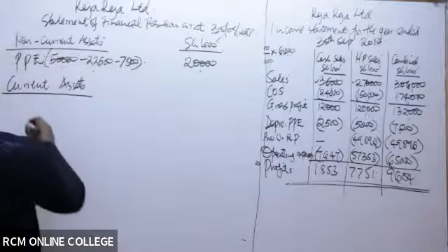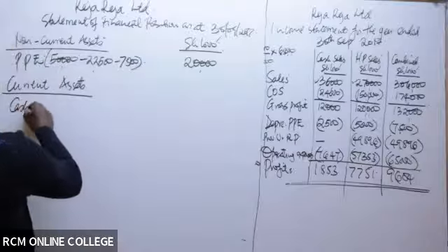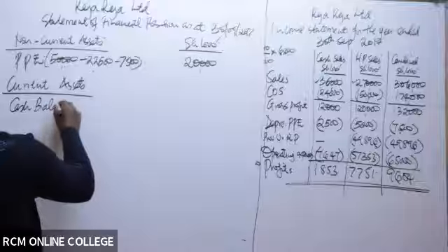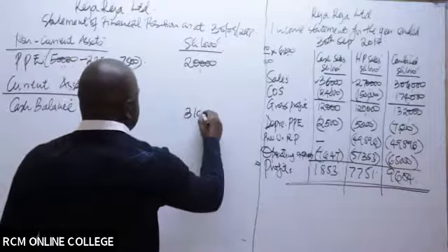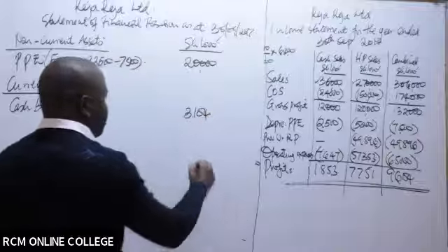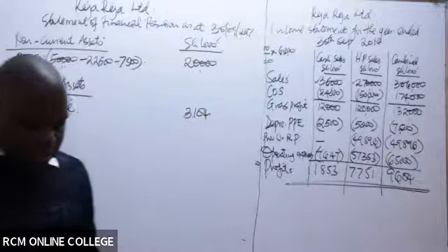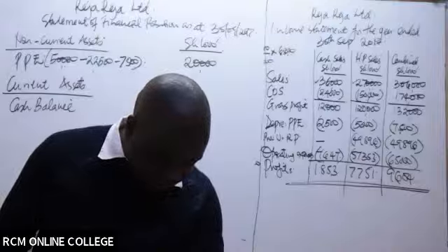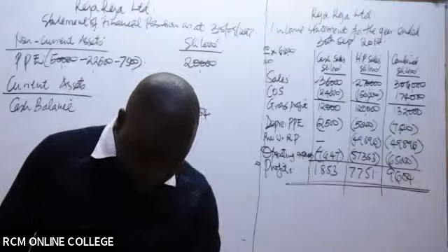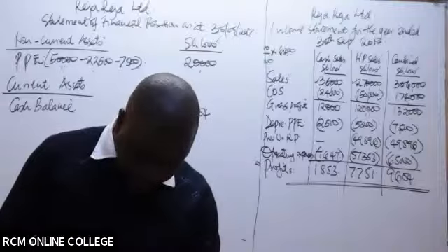The cash balance in the bank is an asset. So there's an amount of 3104.